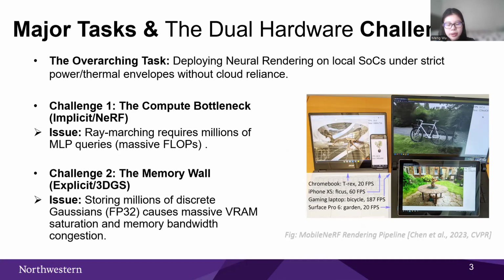Fetching this massive amount of data creates a severe memory bandwidth bottleneck, making 3D-GS highly memory-bound and prone to out-of-memory crashes on mobile devices. To solve these dual challenges, my survey categorizes current research into three major optimization directions: optimizing implicit models, optimizing explicit models, and hardware-software co-design.